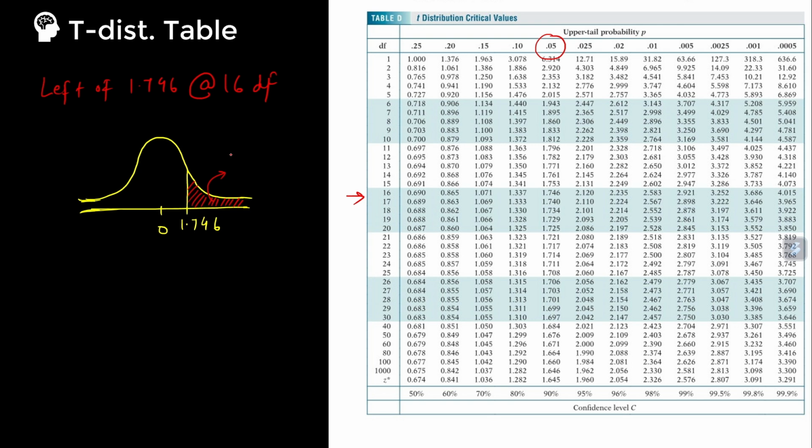So this portion is our 0.05, this complete portion is our 0.05.